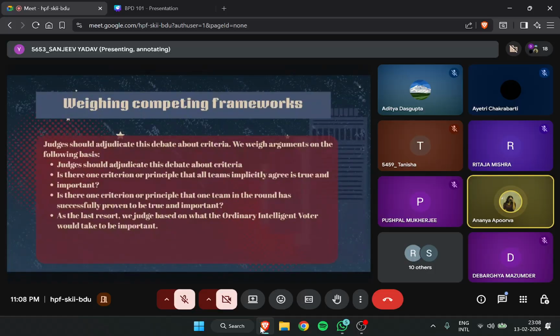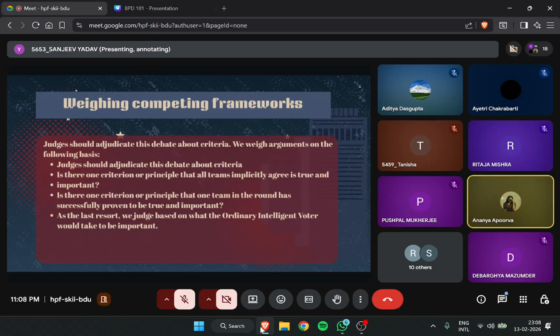If there's no specific implicit or explicit fleshing out of a criteria on which the entire debate should be weighed, then we simply judge it on the basis of what an ordinary intelligent voter would consider to be true, and whatever that criteria is is simply what we judge the debate on.